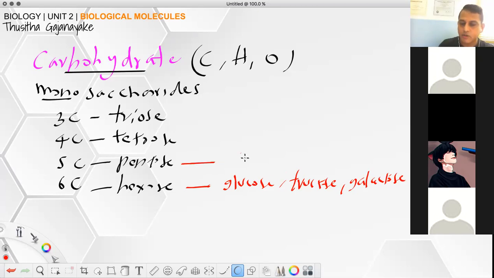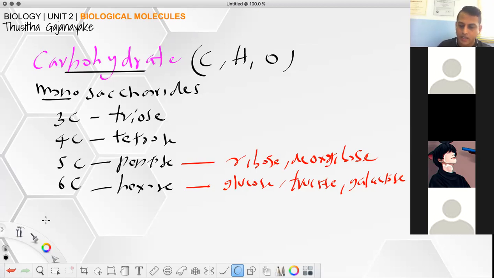And here ribose and deoxyribose. Ribose and deoxyribose are abundant in DNA and RNA.